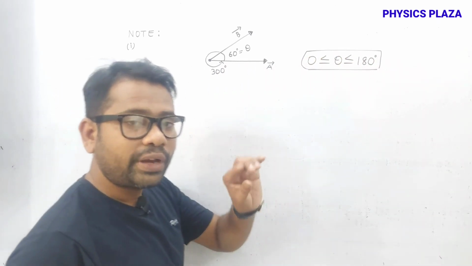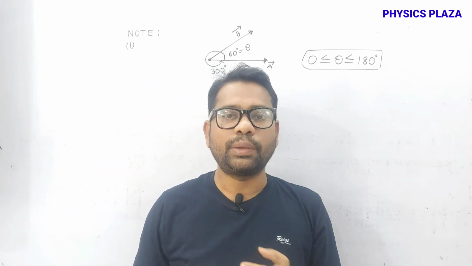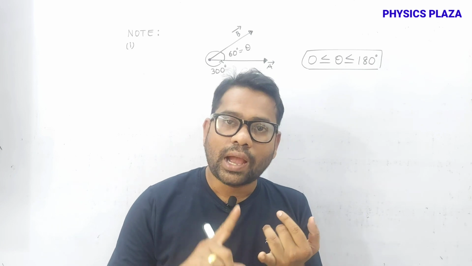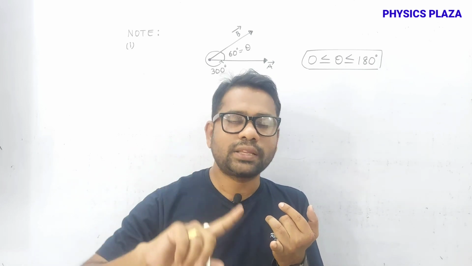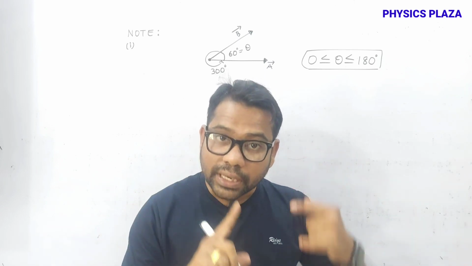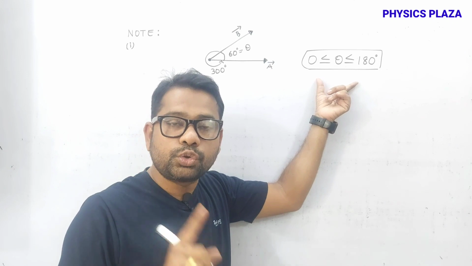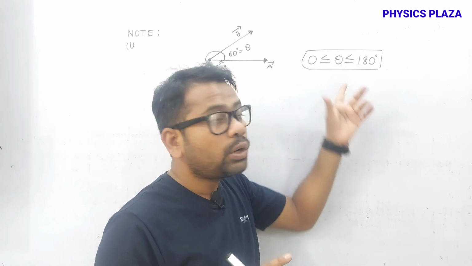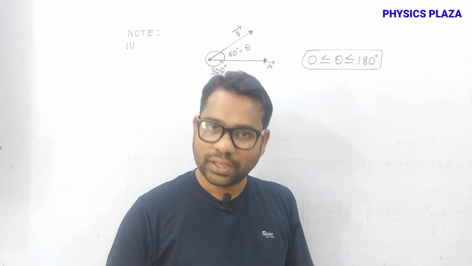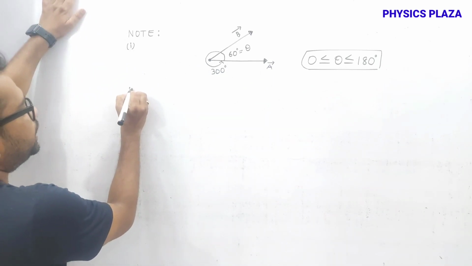Again, whenever we take the angle between two vectors, two things we need to keep in mind. First, we have to check whether tails are meeting or heads are meeting. Once you are sure of that, come to the second one: we have to choose an angle between 0 and 180 degrees. Is it clear?